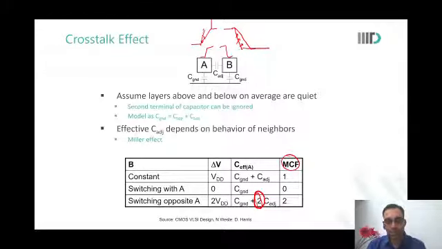Yes, it's a measure of crosstalk effect, you can say that. Is this Miller capacitance calculated through Miller's theorem by breaking the coupling capacitance into two capacitances to ground? Estimated like that, yes.